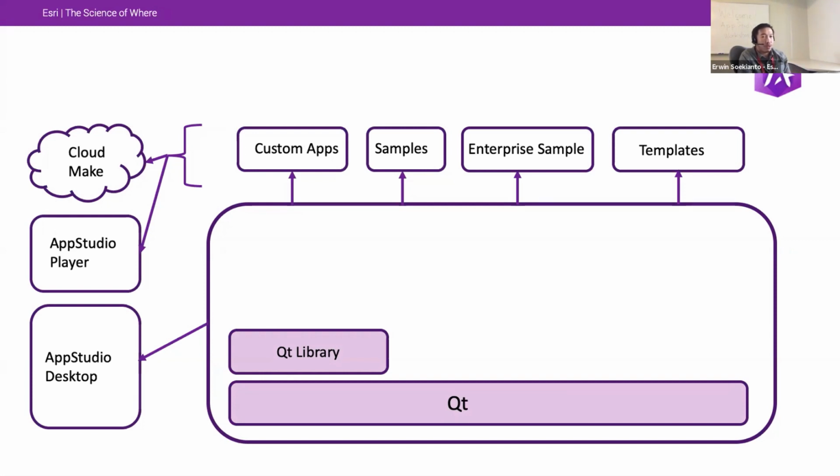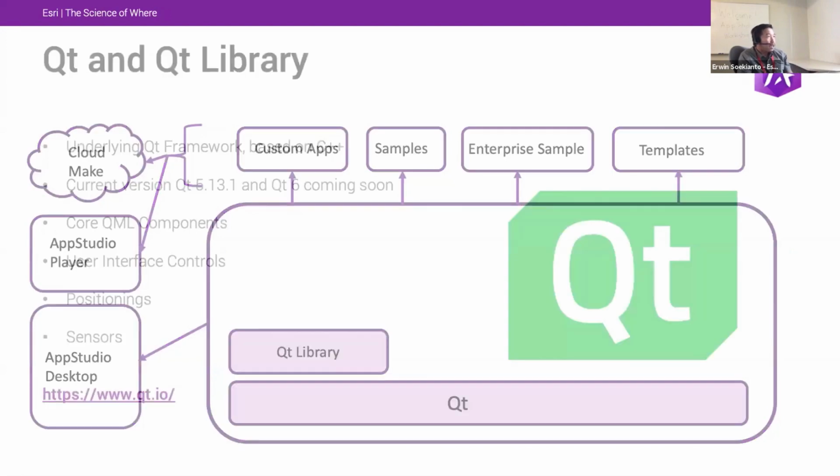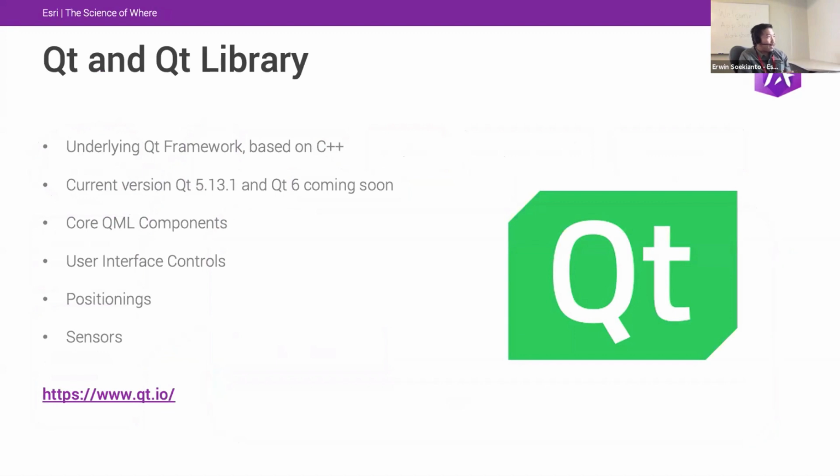You're only going to use the QML language, the Qt library that we use to create the user interface. As I said, currently we are using Qt version 5.13, and we're going to soon migrate to Qt 6, which is coming soon. This is C++ based, but all you need is the QML language to create the user interface.